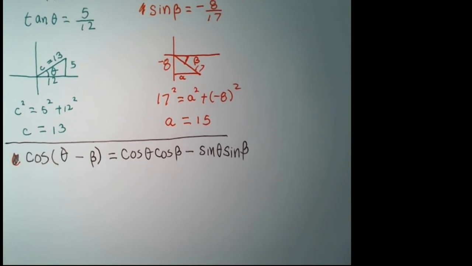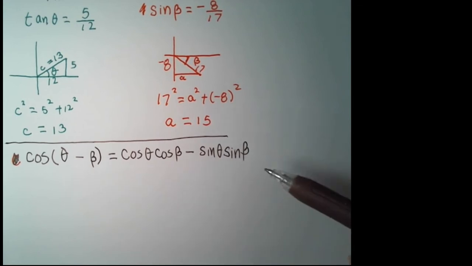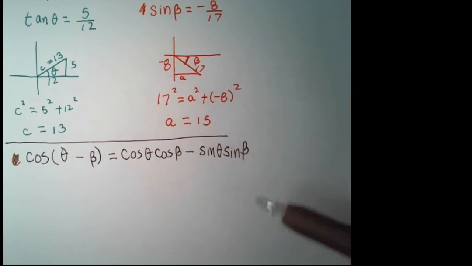Remember, it is not cosine of theta minus cosine of beta. The trig functions are not what we call linear; they don't follow that same kind of pattern. From here, we just look at our triangles and figure out what these values are.